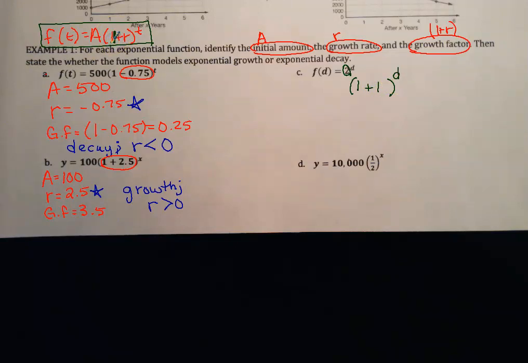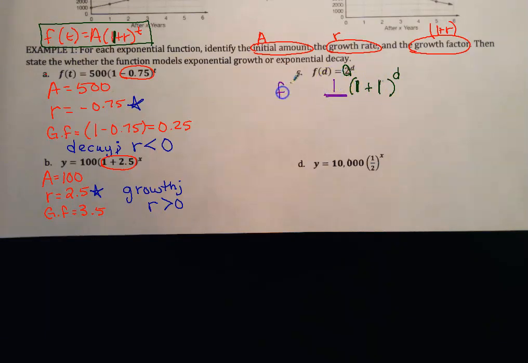So we know it has to be 1 plus our rate. So it has to be 1 plus 1 to equal 2. And then we need an a value as well. What are we going to put out here that when we multiply it by the number inside the parentheses, we still get 2? That's also a 1.